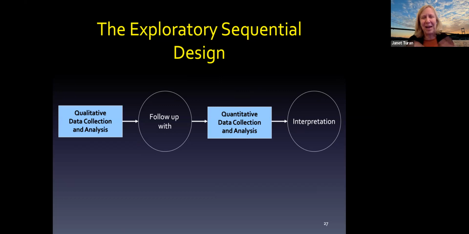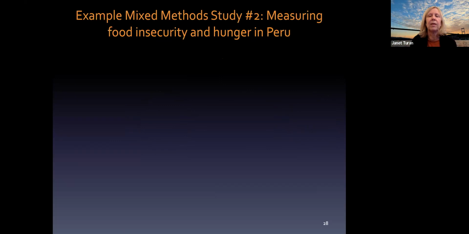But I was schooled in this, so I keep with this. For me, it's easy to remember: exploratory, you're exploring, so qualitative comes first. You start out with your qualitative data collection and analysis. Then based on that, you follow up with quantitative data collection and analysis. And then you again bring them together at the interpretation stage.